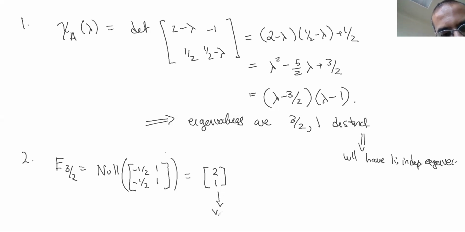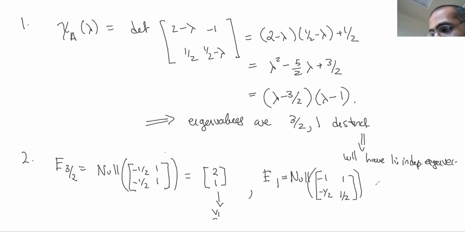Let's call this V1. And the eigenspace for the other eigenvalue, which is 1, turns out to be the null space of the matrix minus 1, minus half, half, which is the span of 1, 1. Let's call this vector V2.